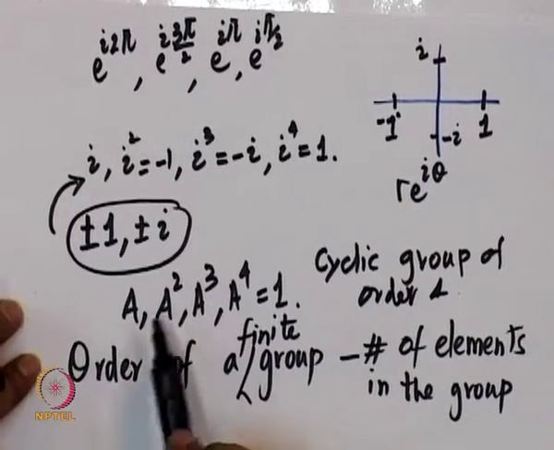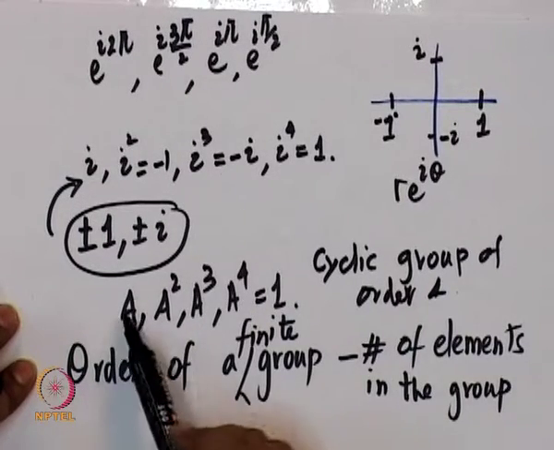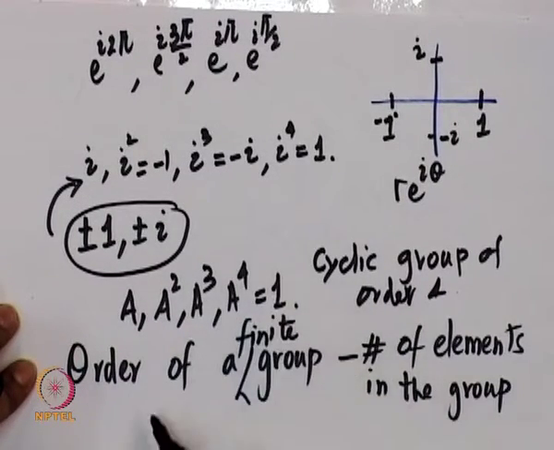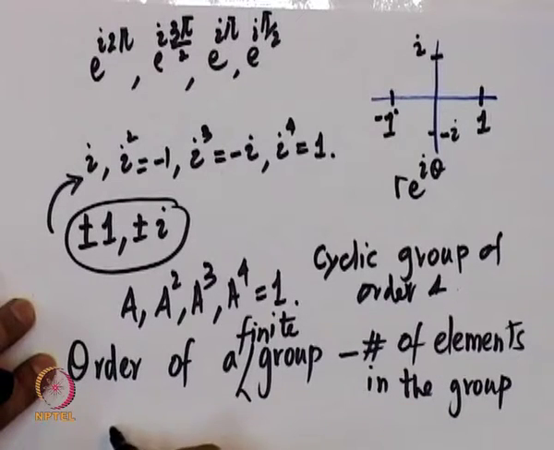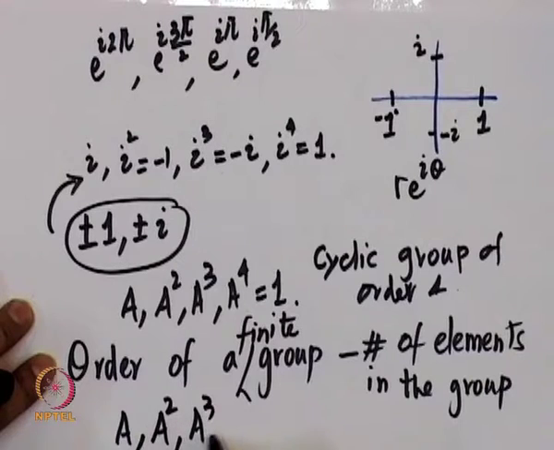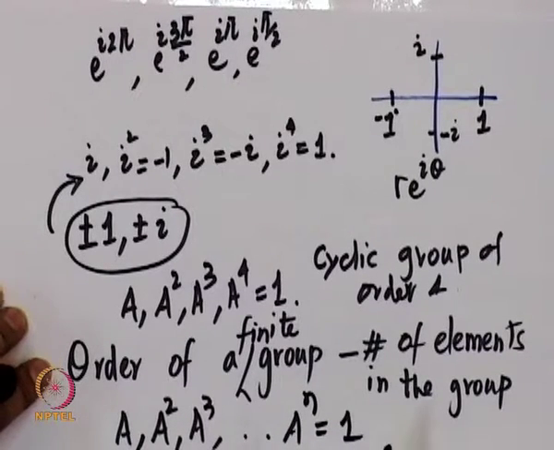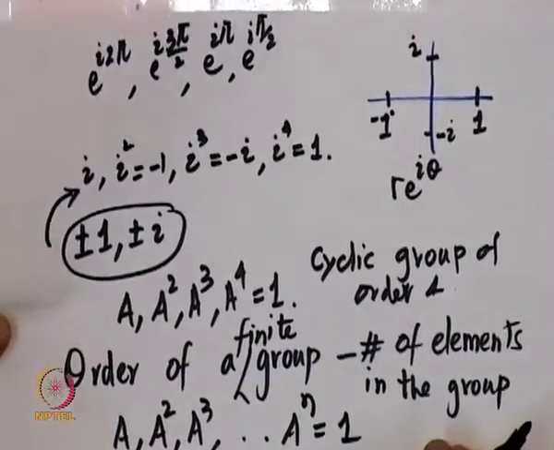Cyclic group because it has this kind of property: a squared, a cubed, a power 4 equal to 1. So, a cyclic group of order n will be, for example, a, a squared, a cubed, etcetera, up to a power n, which becomes 1. Okay. Now, in a group there are certain things that one can define. The first thing that you can define is what is known as a subgroup.